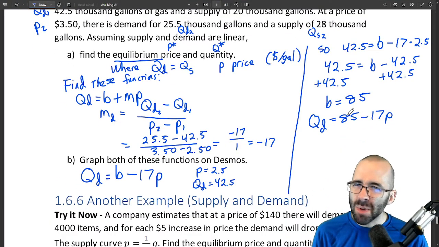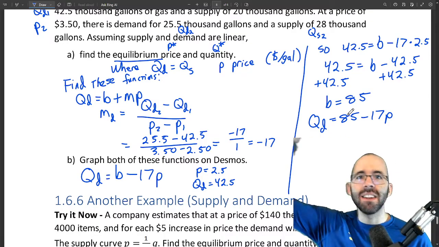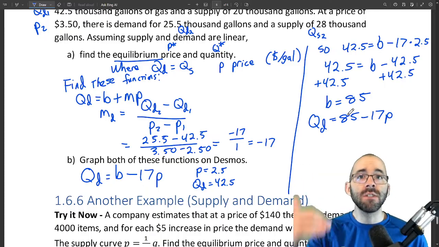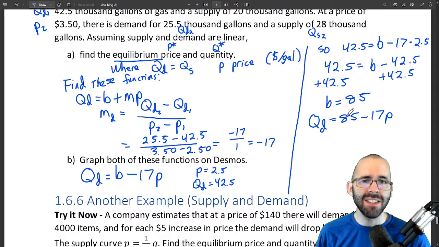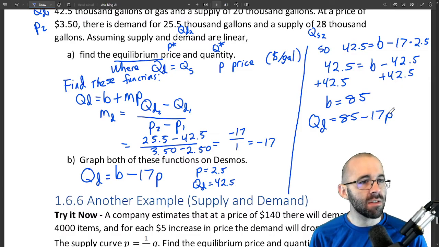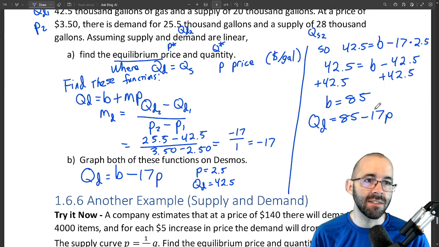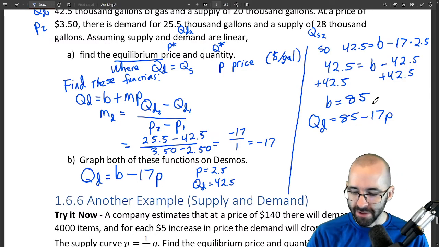Again, it's not really true. If gas were free, people would be taking an insane amount. But it's just a model. It doesn't describe reality perfectly. These are linear functions, very simple functions. And similarly, this says that for every increase of price of $1, the slope is negative 17. So as the price goes up by $1, demand's going to go down by 17 thousands of gallons of gas. That's how we can interpret that equation.